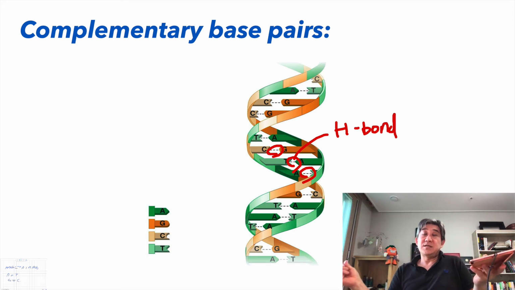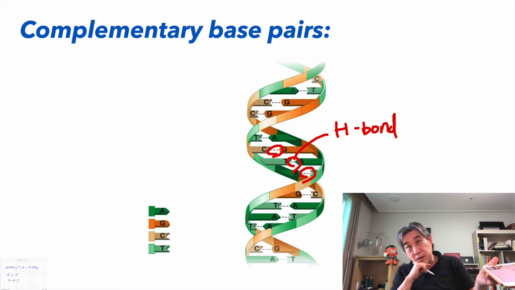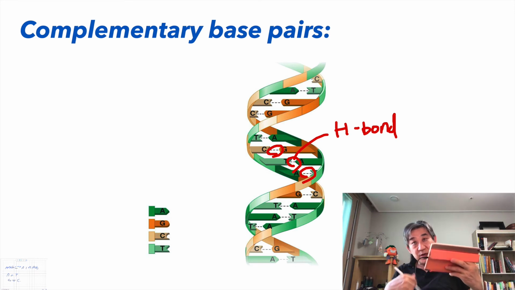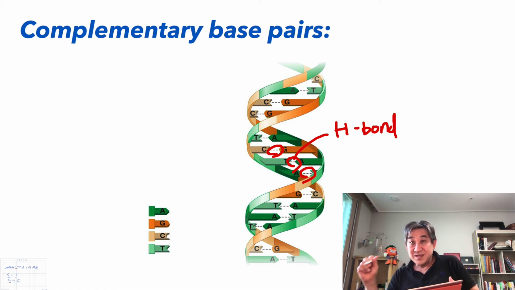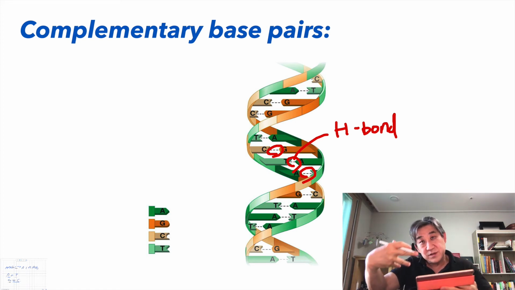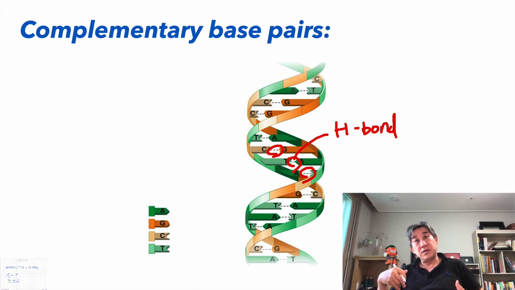So, like I said briefly in the previous session, all these nitrogenous bases were held together through specific hydrogen bonds. The reason why A can only pair with a T, while G can pair with only C, is because of their particular structural limitation or configuration.